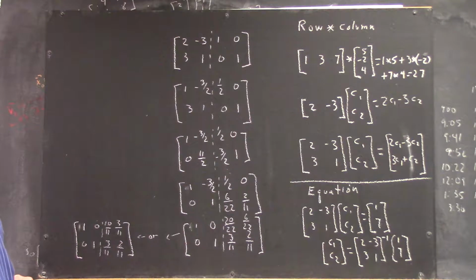Something ought to be negative. No, not necessarily. Something's wrong. Something's haywire. I screwed something up somewhere. I can check on the calculator.